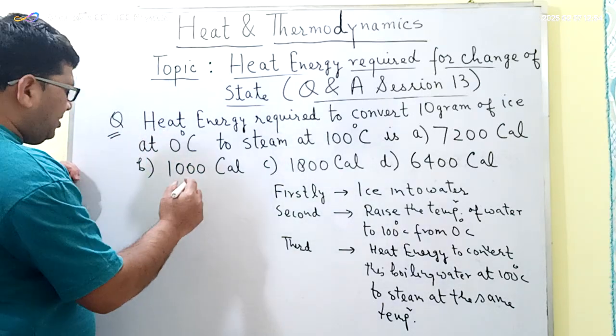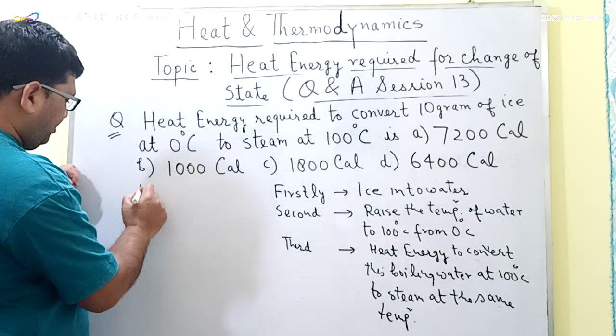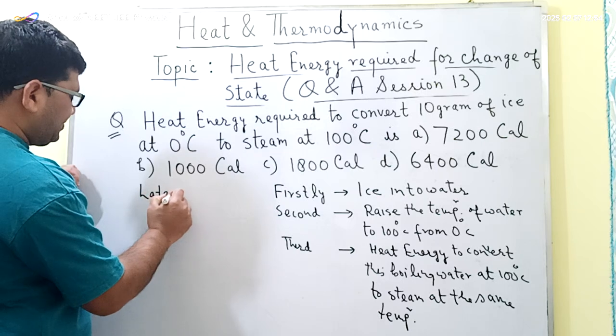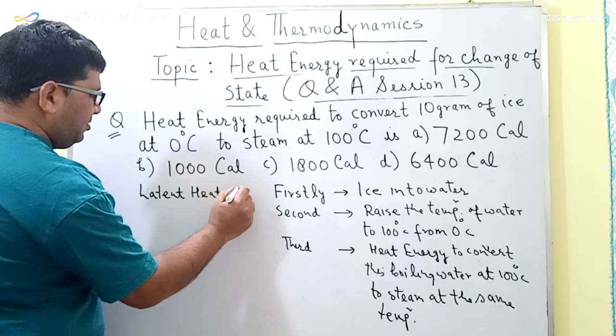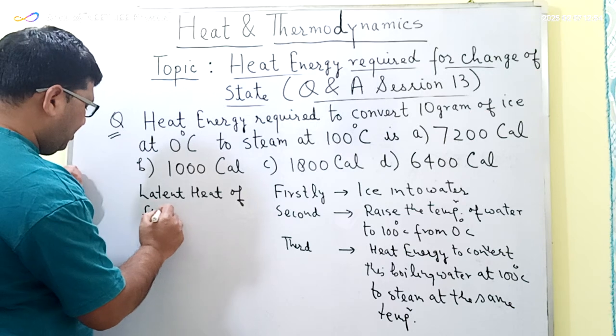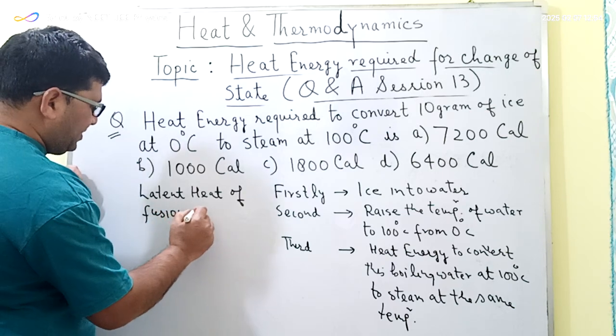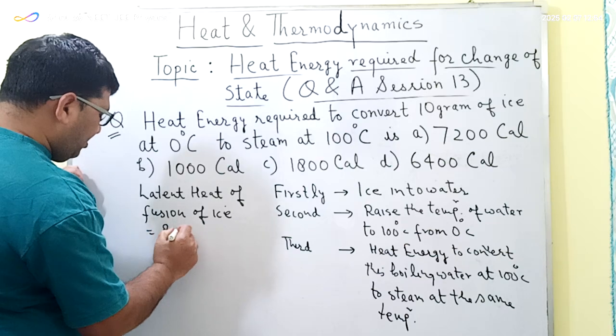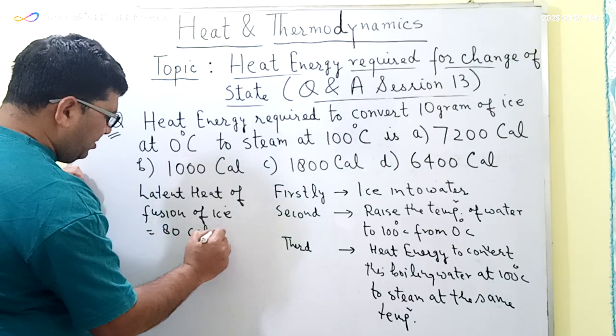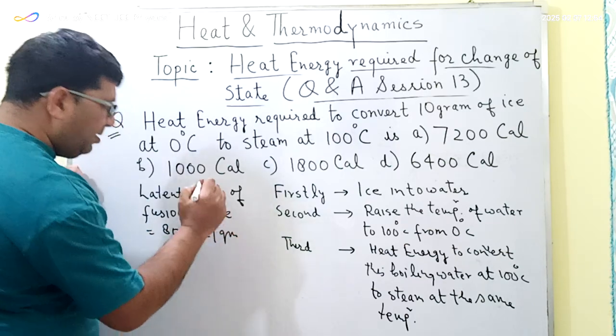Now, the latent heat of fusion of ice is equal to 80 calorie per gram.